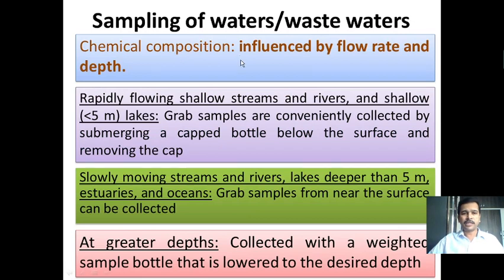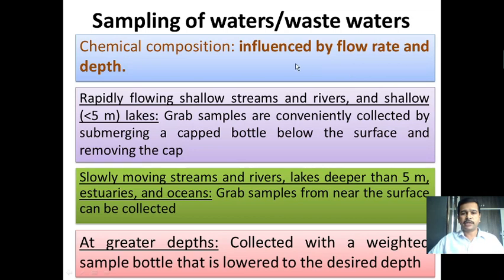Let me take as an example how to sample waters or waste waters, because the composition of the water is not uniform. The composition is influenced by the flow rate and the depth. If you go to a river flowing across a particular place, the composition of water you collect in one place will not be the same as the water you collect in another place.